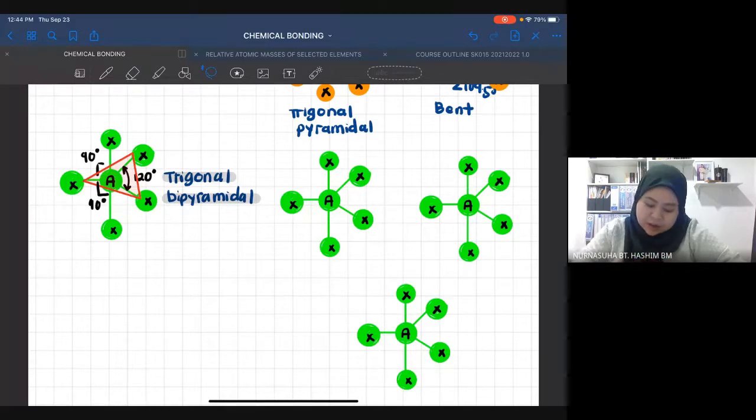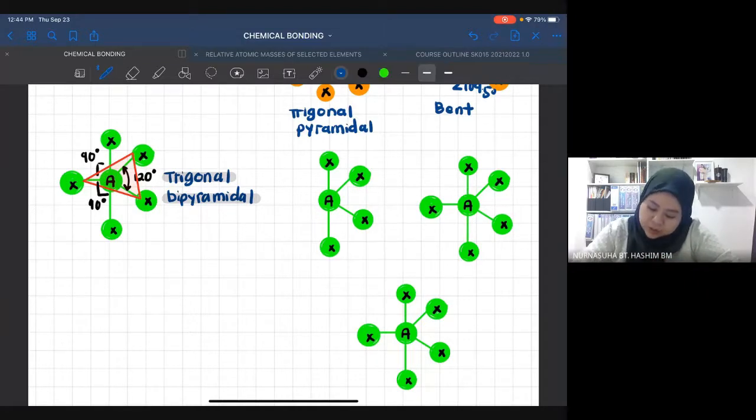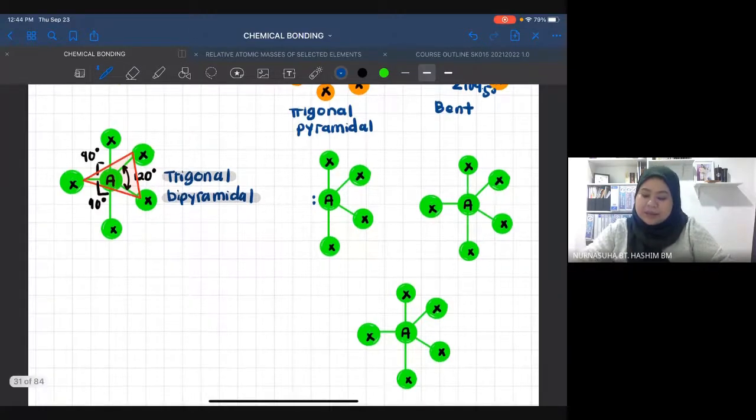Kalau ada satu lone pair, so kita akan padam. Nak padam yang mana? Kita tak boleh padam yang sesuka hati tau. Untuk Trigonal Bipyramidal, kita akan padamkan yang bond angle dia 90. Okay, so put your lone pair here.